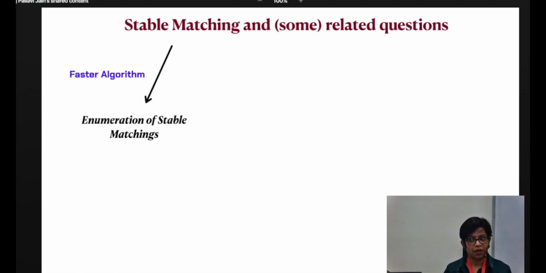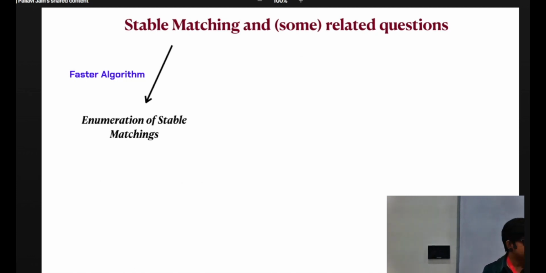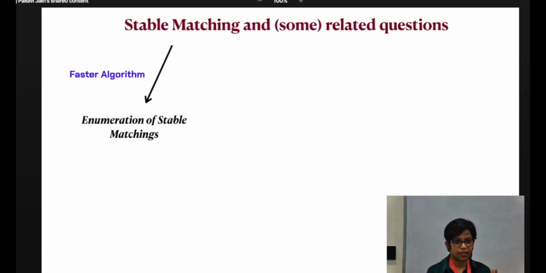Now, do you know in a given instance how many stable matchings there can be? If I gave you a complete bipartite graph, how many matchings can there be, if I didn't talk about stability, just matchings? Yes, exactly, n factorial. It's like counting the number of one-to-one pairs.